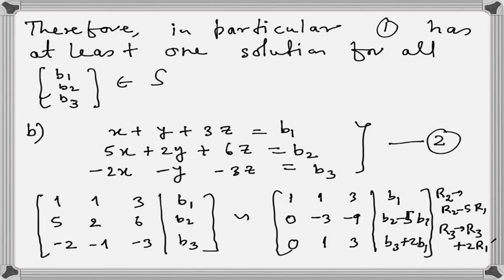Okay, so now we need to make these entries 0. All right, so next we'll apply the transformation r3 replaced by r3 plus 1/3 r2. So let's see this elementary row operation, which will reduce the system of equations further.